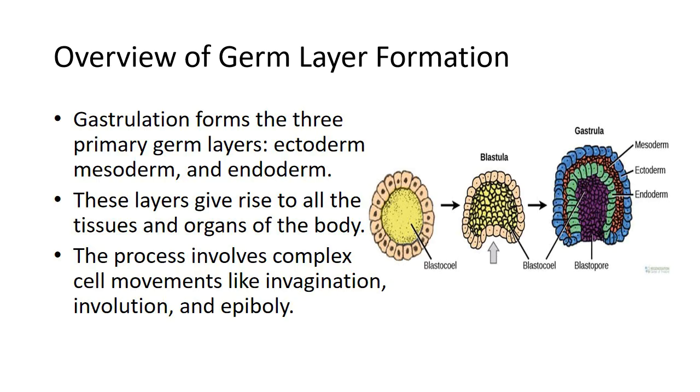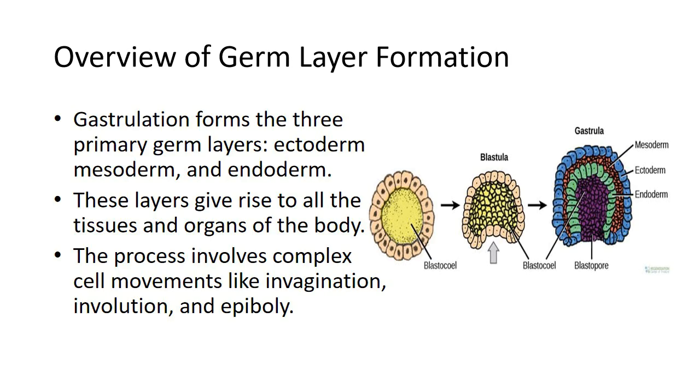1. Overview of germ layer formation. Gastrulation is the process through which the bilaminar disc, composed of the epiblast and hypoblast, transforms into a trilaminar disc. This process establishes the three germ layers: ectoderm, mesoderm, and endoderm.